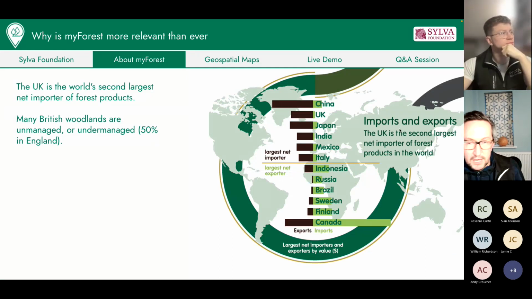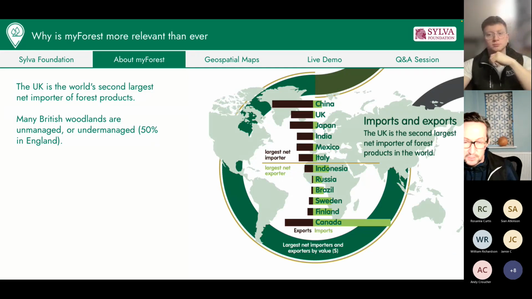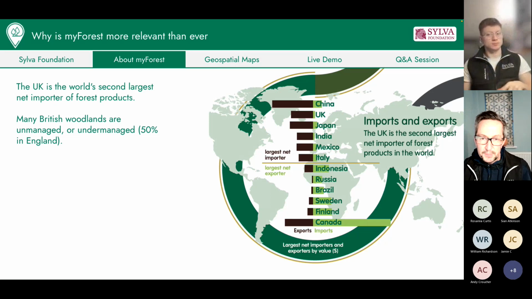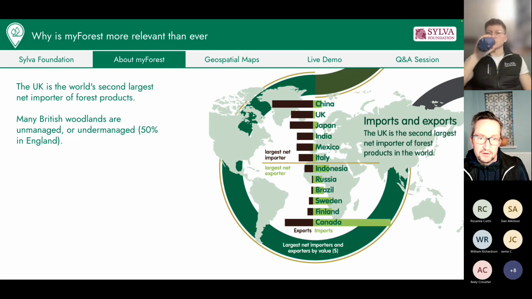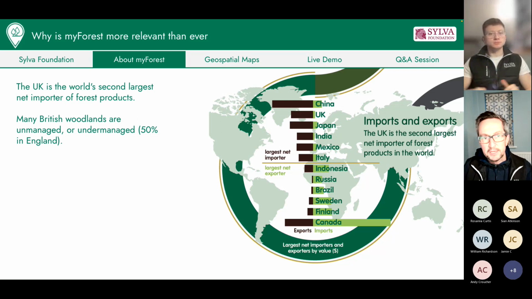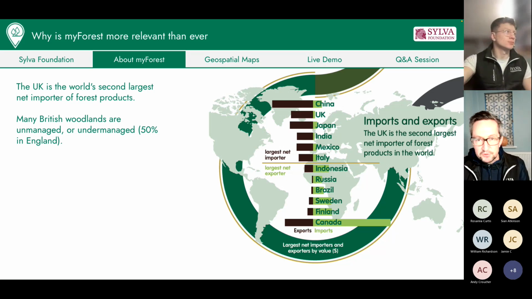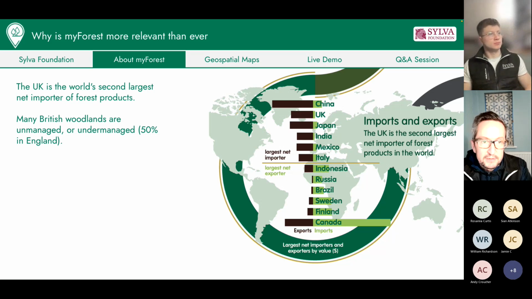So some of the reasons that we've developed myForest, and Will and others may have told you about this over the last few weeks if you've been to any of the other webinars, but I'm just going to quickly run through some of the issues. We're the second largest net importer of forest products in the world, despite being quite a small country.